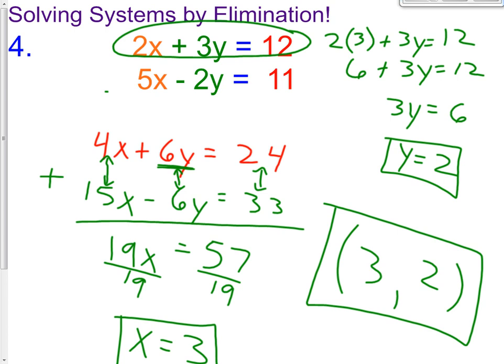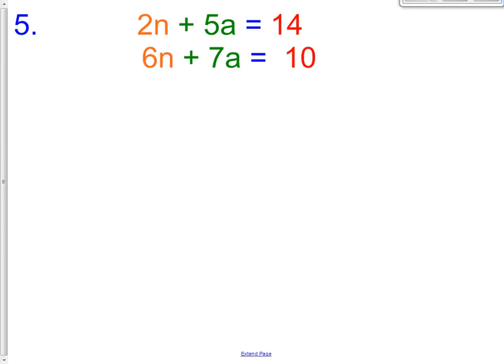Why don't you guys try number 5 all on your own. Get the letter N and get the letter A. Okay, after you try this on your own, it doesn't matter which variable you eliminate. You could eliminate N or you could eliminate A. It doesn't matter to me. I'm going to eliminate N on this video, but if you eliminated A, that's a very good way of doing it as well. I'm going to multiply this by a negative 3.